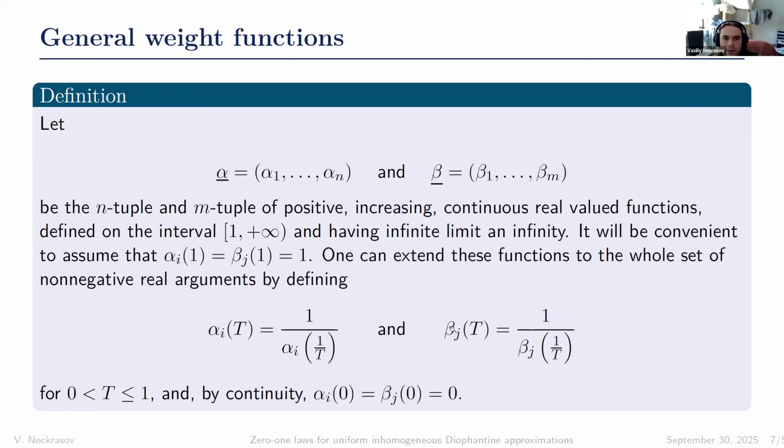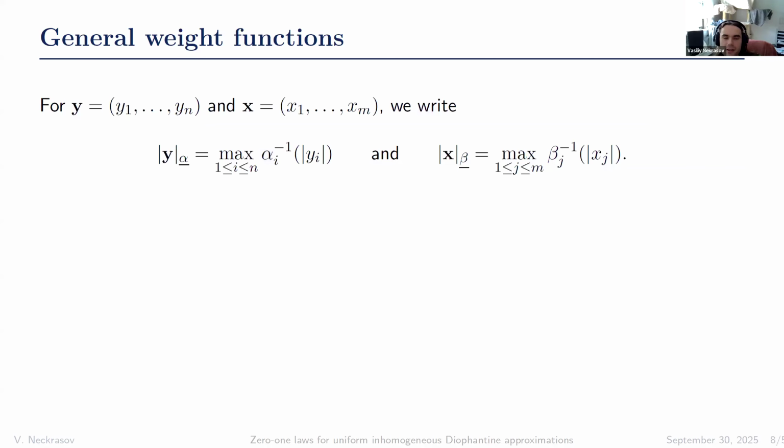So what do we do with these weight functions, and why are they called weight functions? We are considering the corresponding analogs of norms, the corresponding ways to measure how long, how big the vectors are. Specifically, this is the definition, and we are taking the maximum of alpha inverse of coordinates of the vector, or of beta inverse of coordinates of the vector, depending on the dimension.